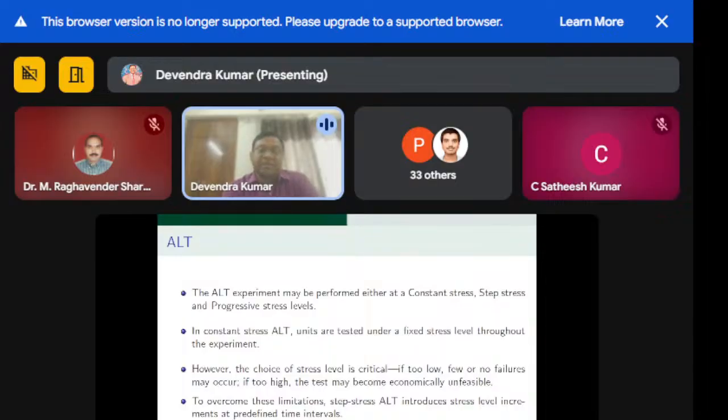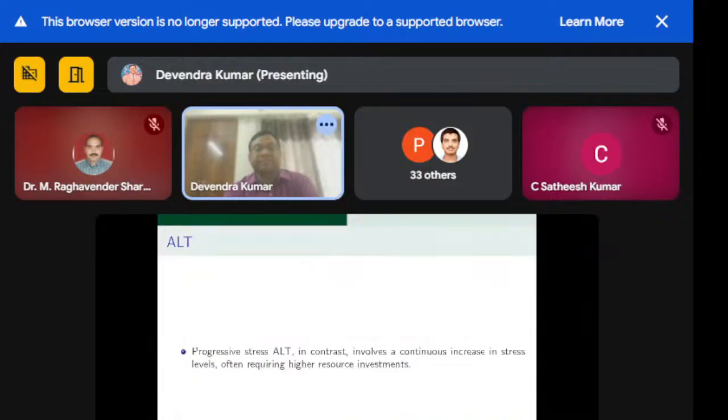To overcome these limitations, step stress ALT introduces stress level increments at predefined time intervals. Specifically, in a step stress ALT, units begin testing under an initial stress level, and the stress increases at a predetermined time. Progressive stress ALT involves a continuous increase in the stress level, often requiring higher resource investment.